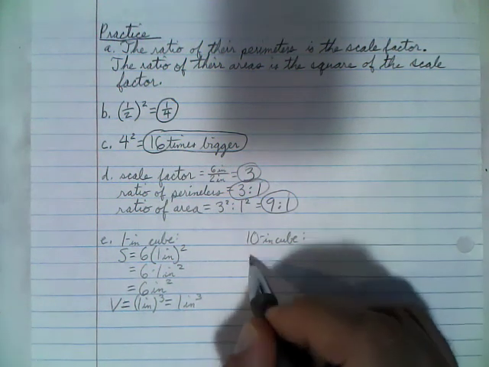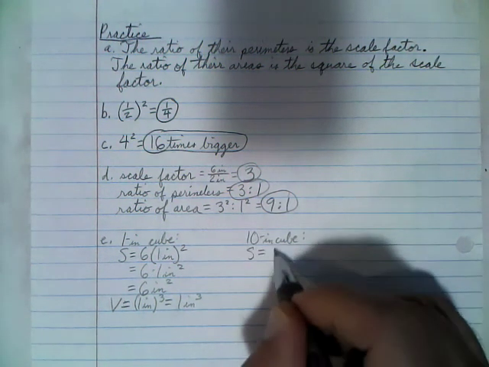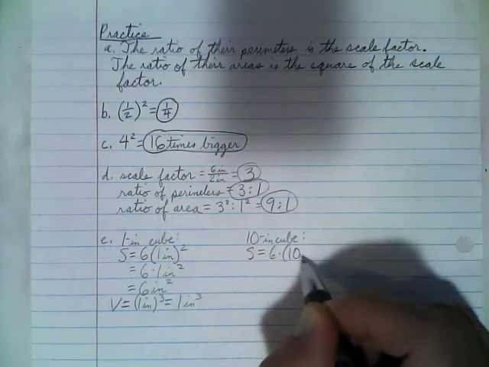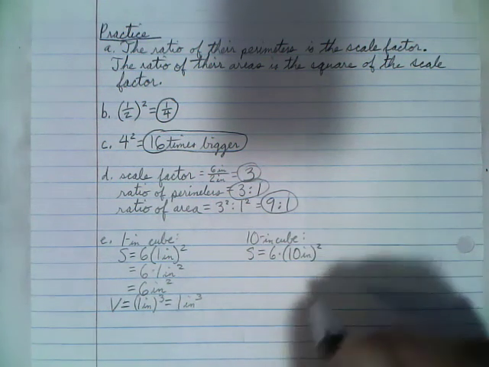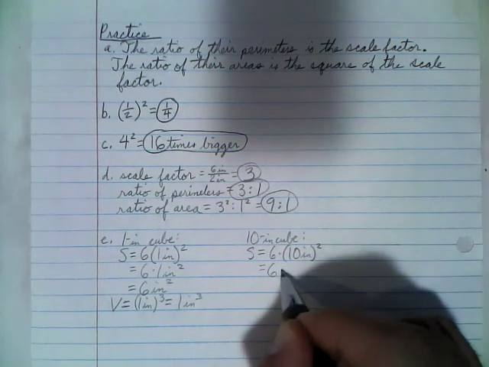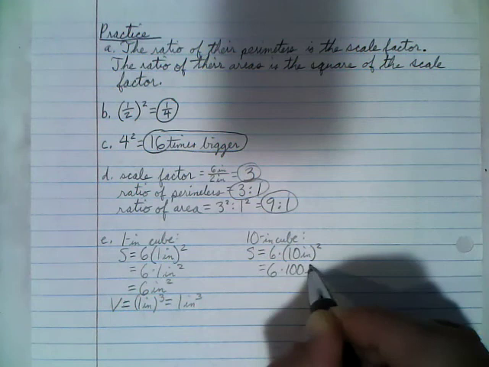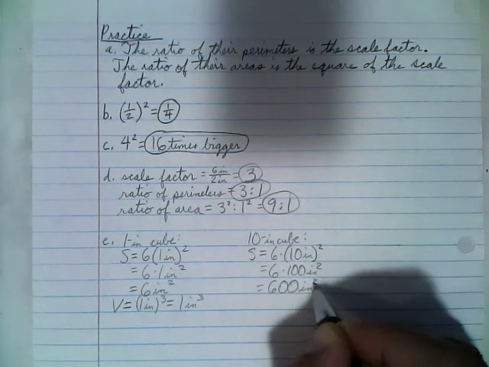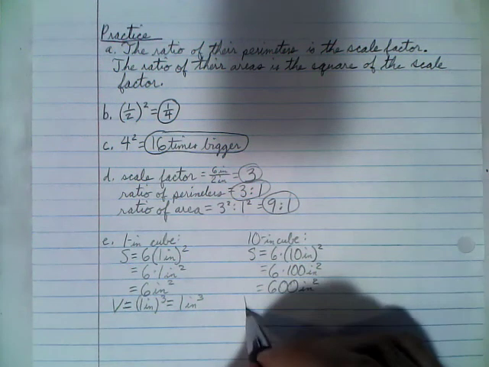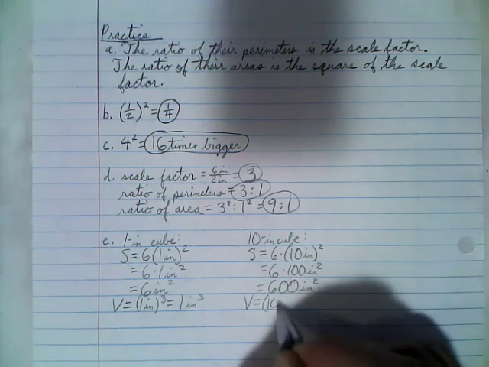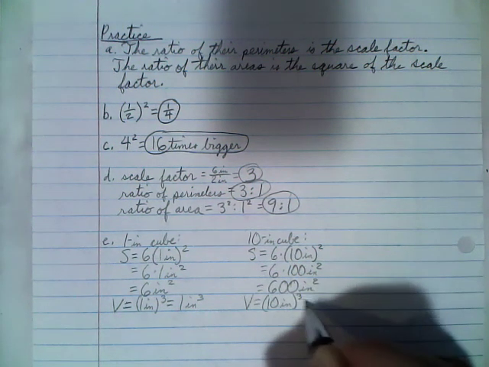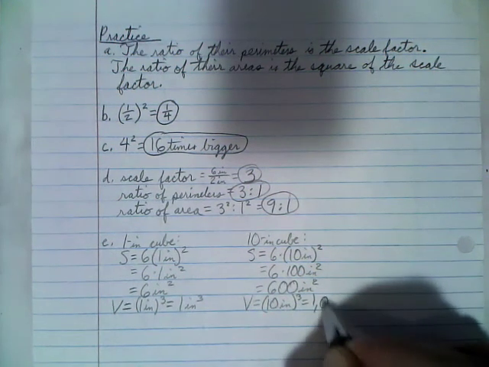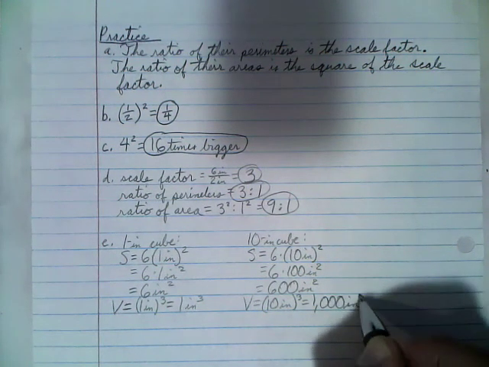So for my 10-inch cube, surface area then will be 6 times 10 inches squared, which would be 6 times 100 square inches, or 600 square inches. Volume would be my 10 inches cubed, which of course is 1,000 cubic inches.